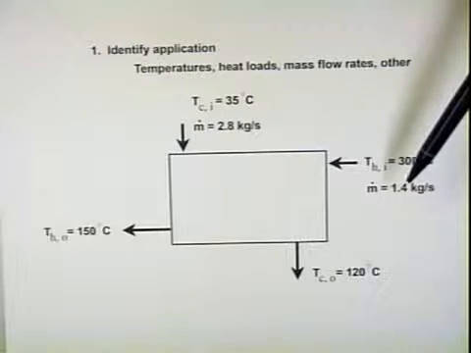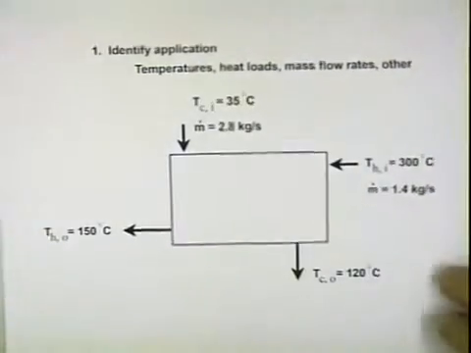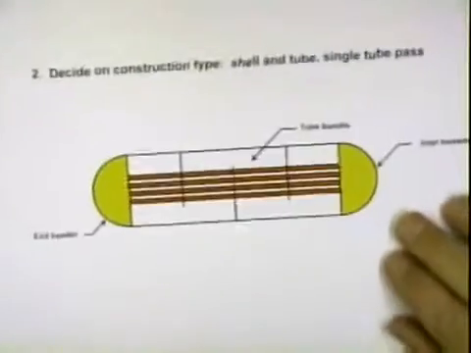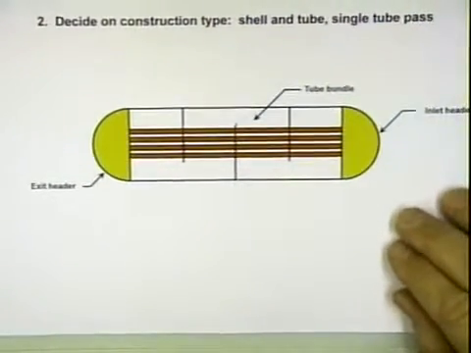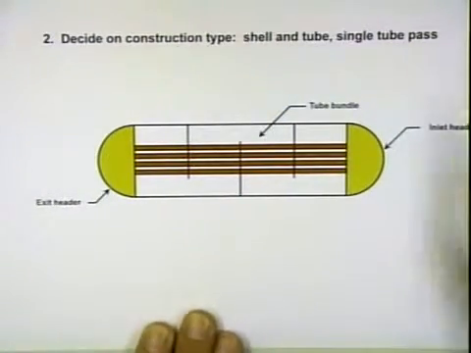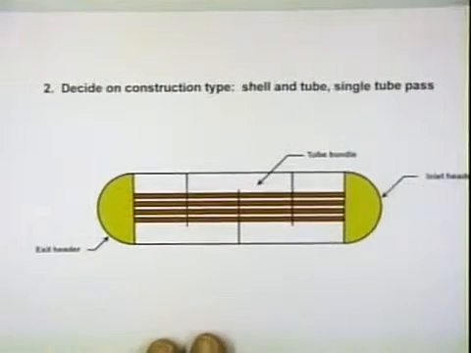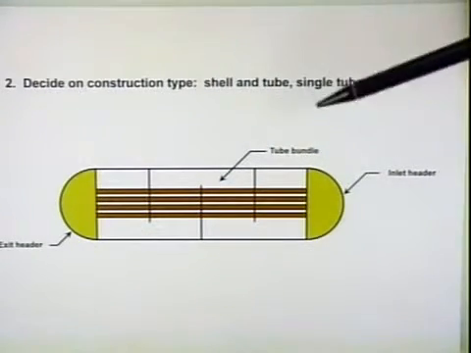Okay, now that we've identified the application, we want to go to step 2, and that's decide on the construction type. So we have to pick something. Based on just the application, we don't know what to pick, so based on our experience, we'll decide. In this particular case, I said we're going to use a shell and tube heat exchanger. And I've drawn that here, just a diagram.